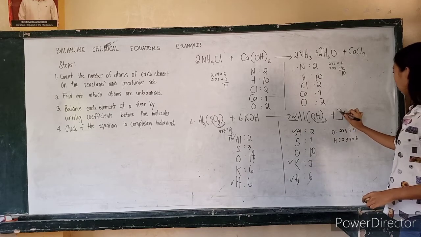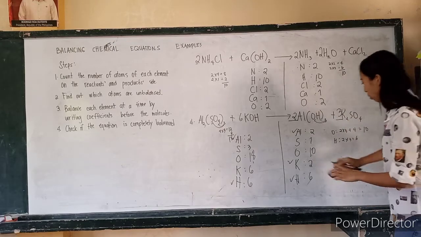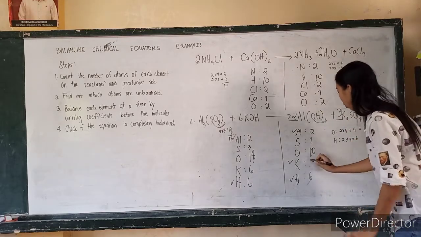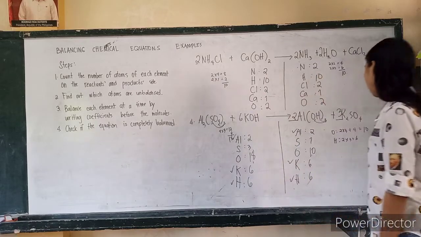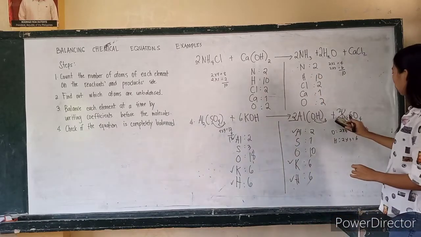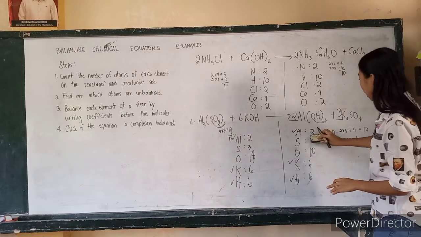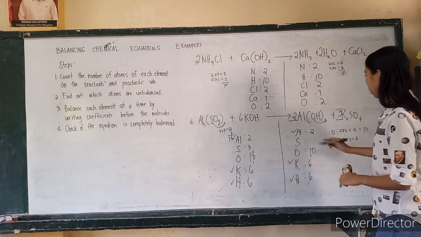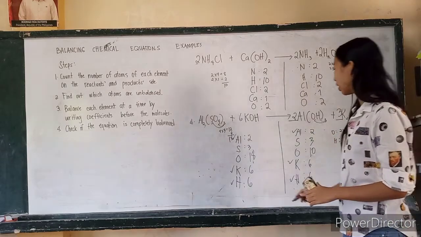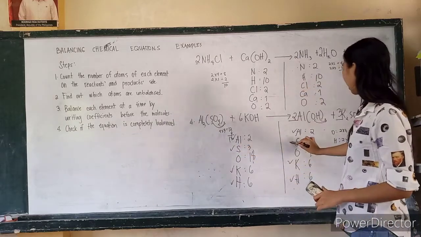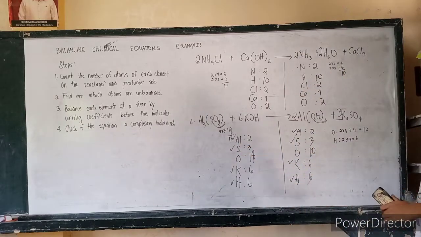So we add 3 here so that times 2 it becomes 6. Okay, so K is solved, H is solved, and the number of S and O changed. So S becomes 3. Oh, S is solved. Perfect.